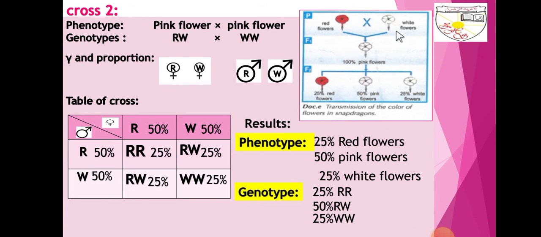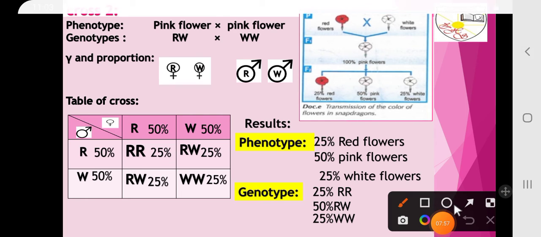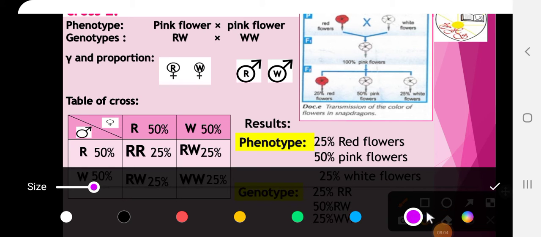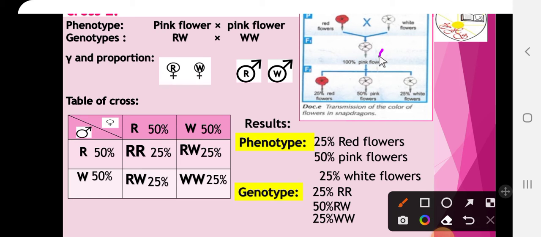Now with respect to cross 2 in the F2 generation, we have a pink flower crossed with a pink flower. These two flowers that are pink are in the F1 generation.